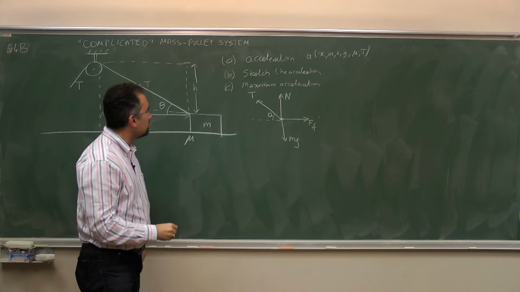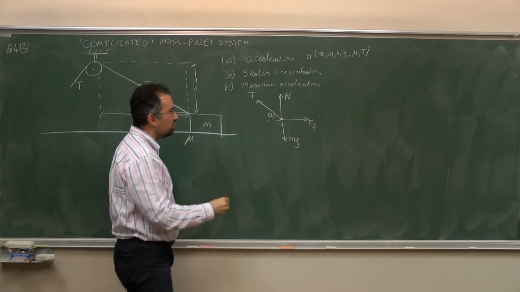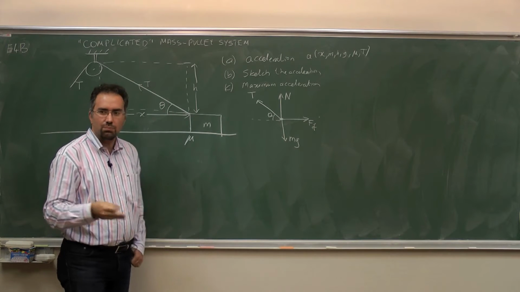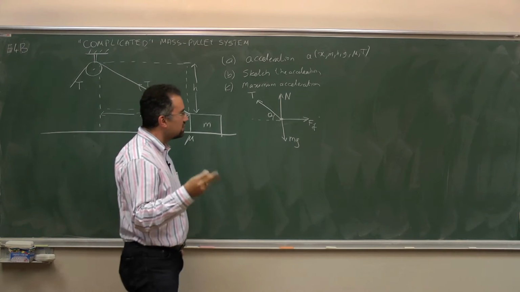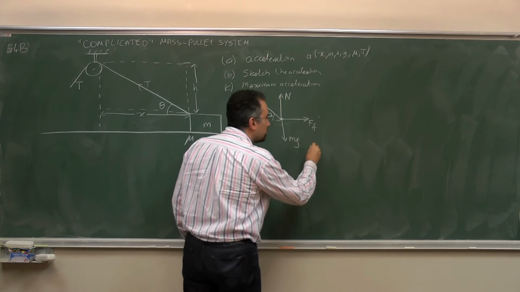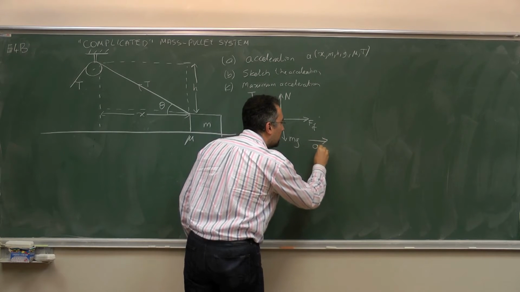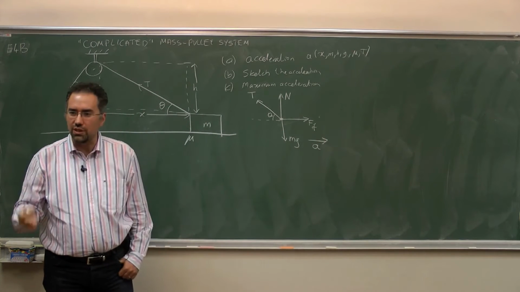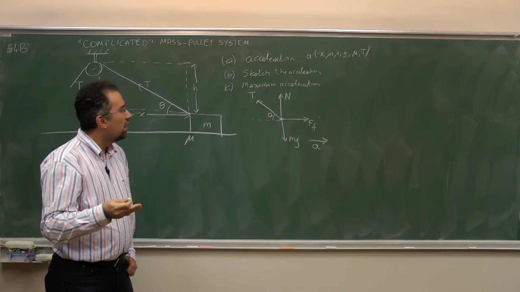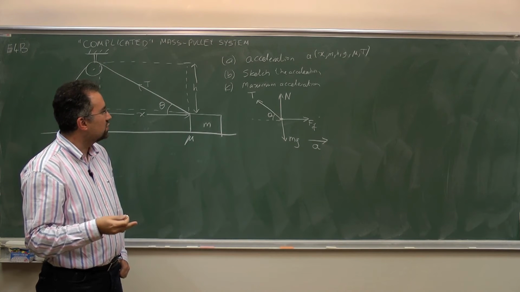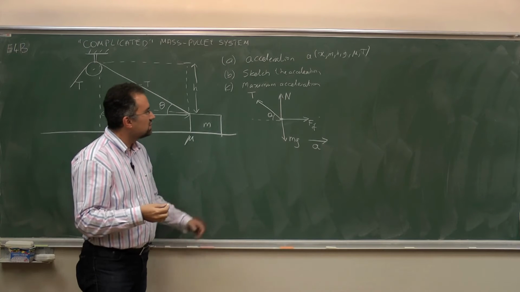Now, for the overall acceleration, I will take right as the positive direction. As I say, you have to be careful, you can get the wrong signs. So I will define a to be positive towards the right. Now I can write the equations of motion in the x and y directions.